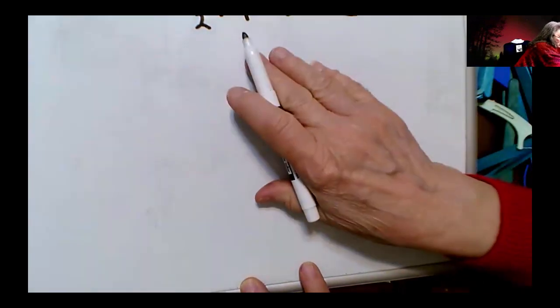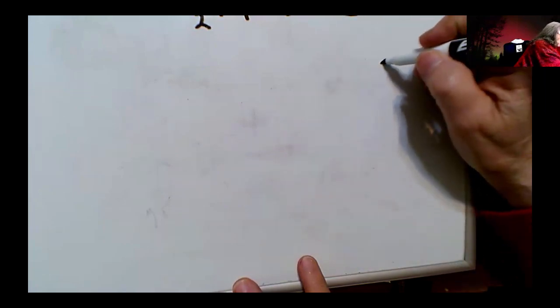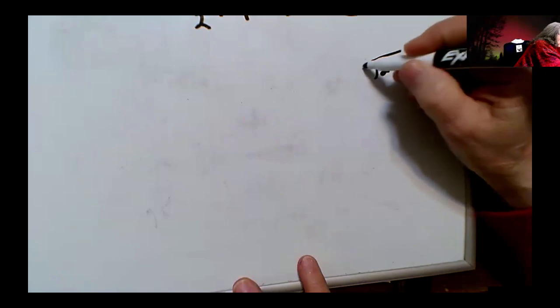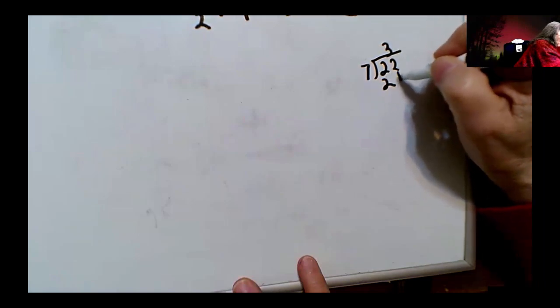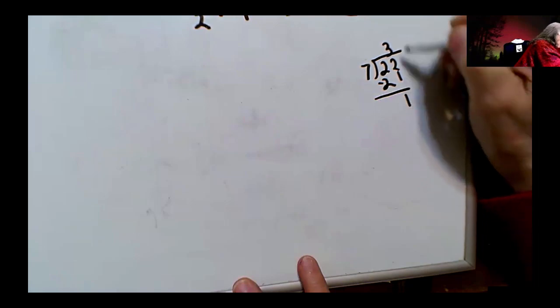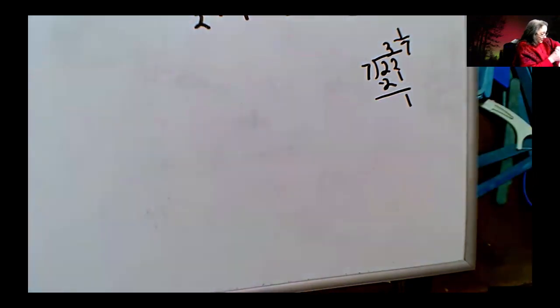So in multiplication, the answer is named in terms of the whole. But in division, the answer is named in terms of the divisor. Remember, 22 divided by 7 is 3, and 1 out of the 7 I need to make a new group.